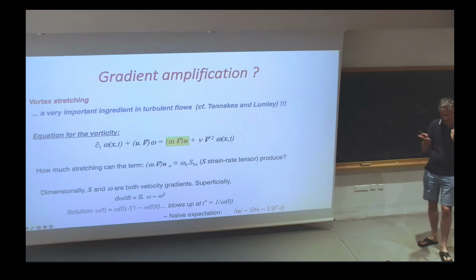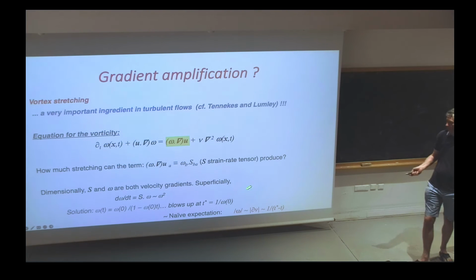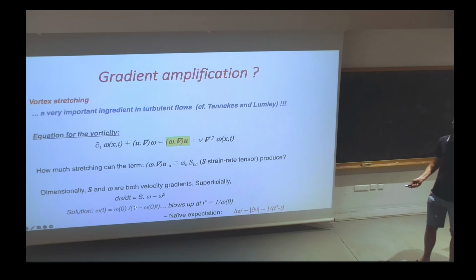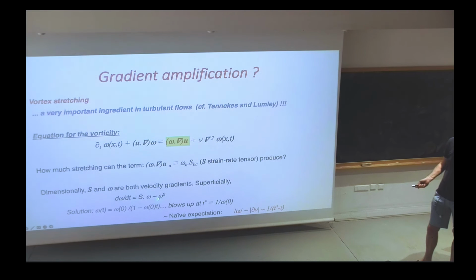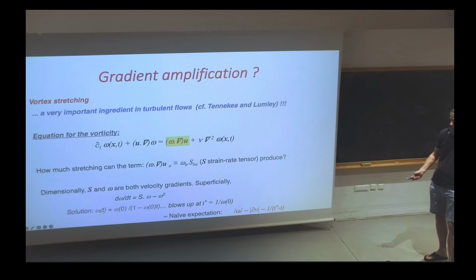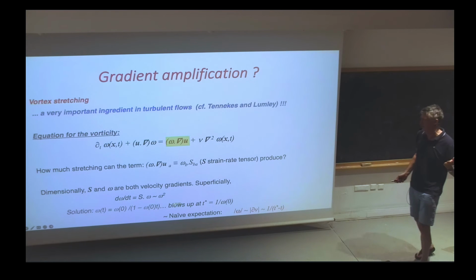Of course, they have a very different status, but if you're very naive, you say, well, at the end of the day you're just multiplying a velocity gradient by another velocity gradient, and you end up with an equation d omega/dt equals omega squared, which won't take you more than 2 minutes to solve, and to show that there is amplification to infinity.